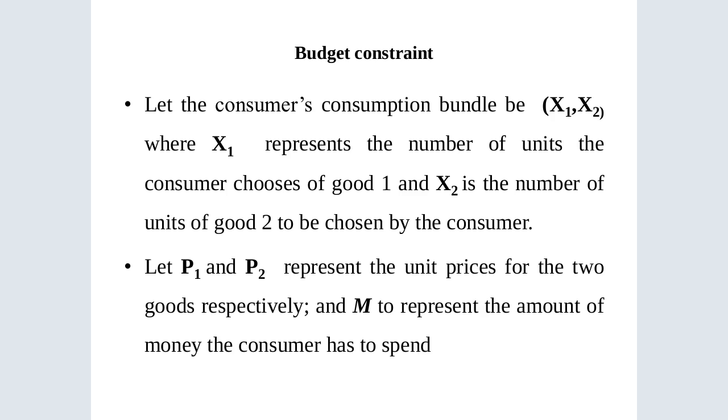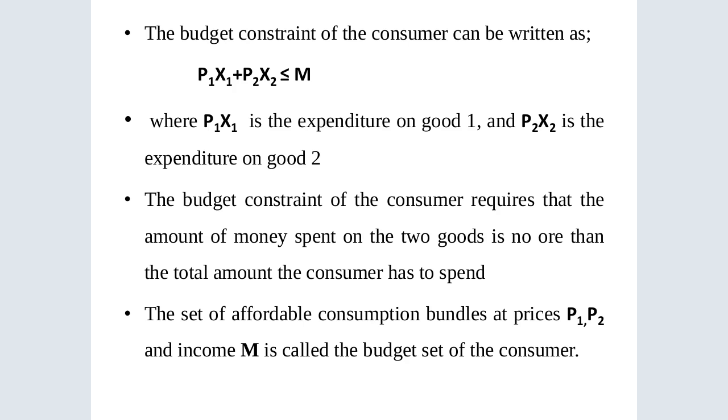We can also use capital M to represent the amount of money the consumer has to spend. Now, given the information, that is the bundle of goods and the prices and the income of the consumer, we can formulate the budget constraint of that consumer.